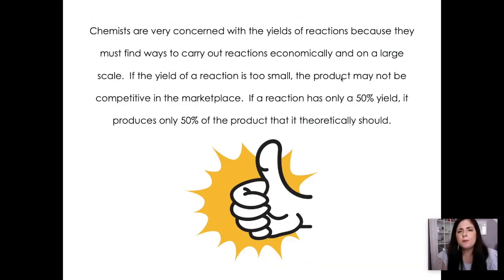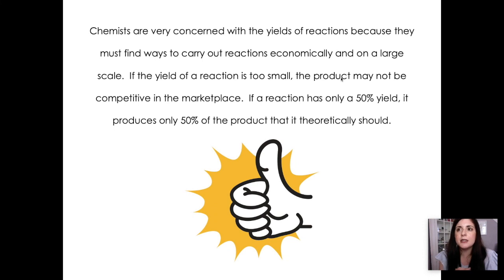So, of course, percent yield is crucial for chemists everywhere that are in the field. They're concerned with the yields of reactions, of course, because not only do they want to carry out reactions that don't waste a lot of money, but they also need to produce a lot of something. If the yield of a reaction is too small, the product may not be competitive in the marketplace.